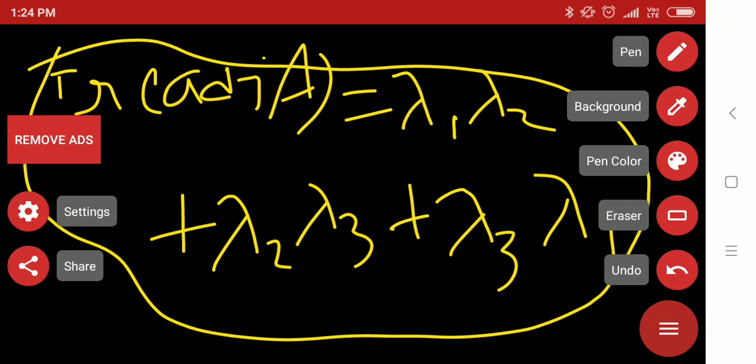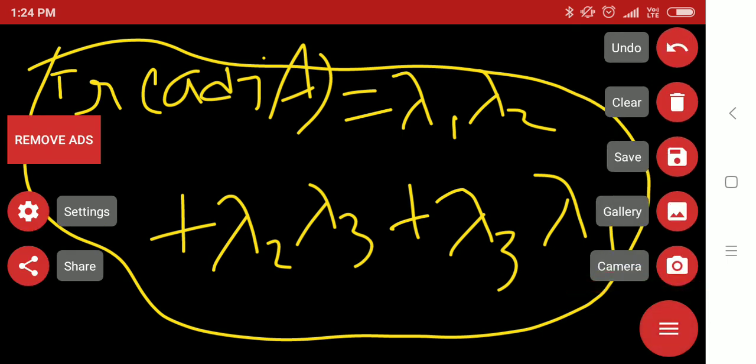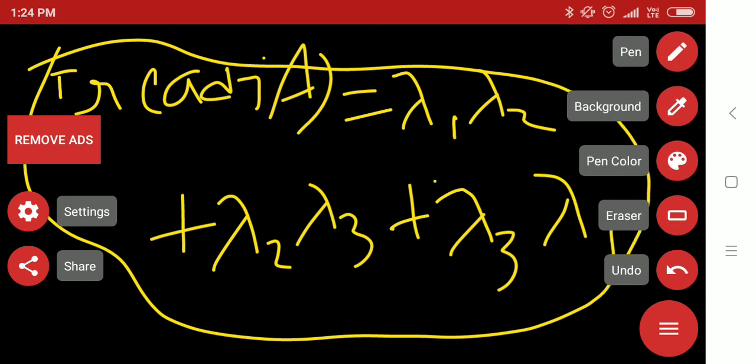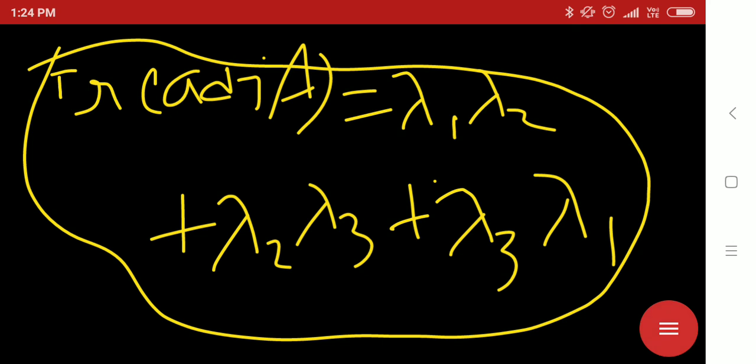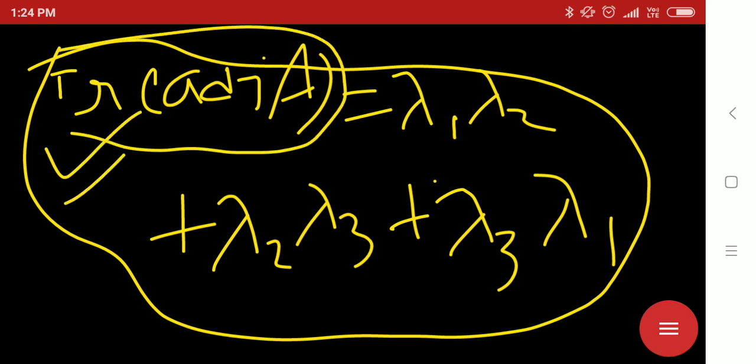And the second method is, so first we discuss the first method, after that we will go for the second method. According to the first method, if we have been asked to obtain the trace of the adjoint of the A matrix, then what is the formula? Lambda 1 lambda 2 plus lambda 2 lambda 3 plus lambda 3 lambda 1.